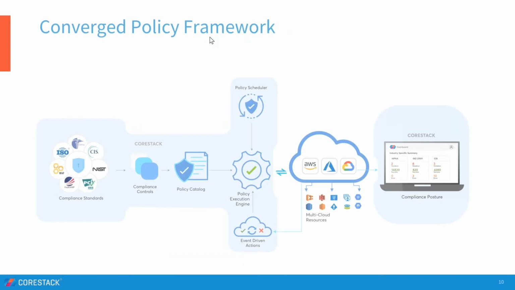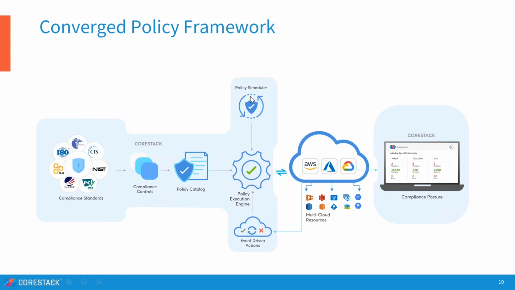Now, how we do it, I'll just quickly dive into this. So this is our converged policy framework. We have all these different compliance standards. They are abstracted at the control level. There are compliance controls, and they're mapped to various policies. And here we have the policy execution engine that CoreStack has created.